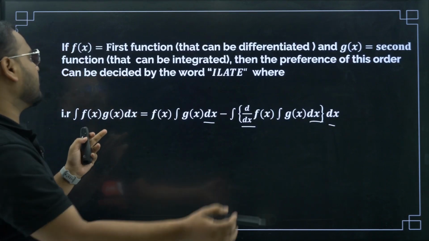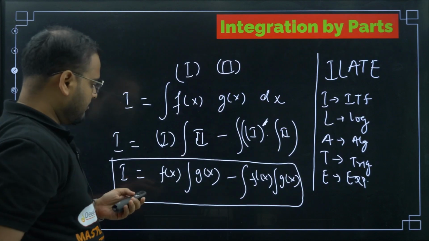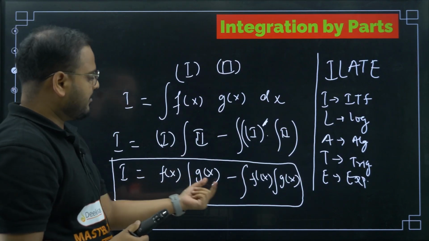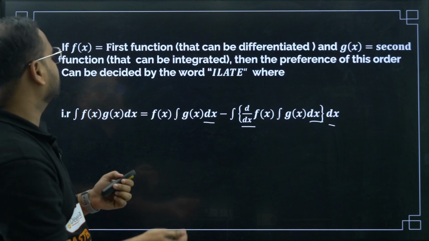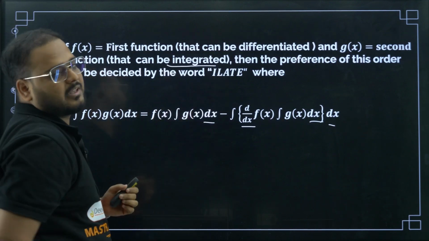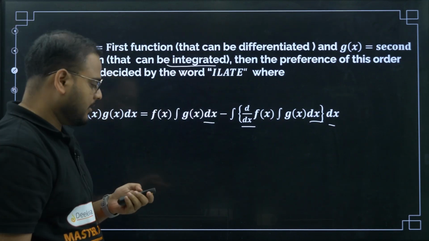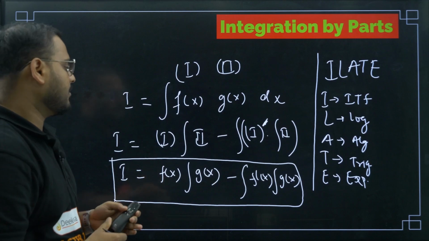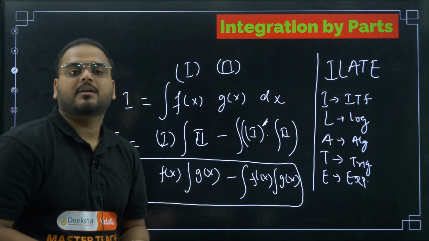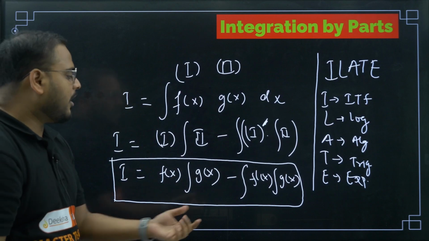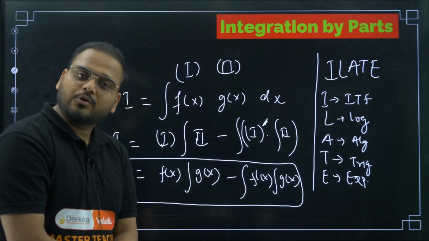One more thing: the first function has to be differentiable. Why, sir? Because we are taking the derivative of it, and the second one has to be integrable. If the first function is not differentiable, then how will you take its differentiation? It is not possible.